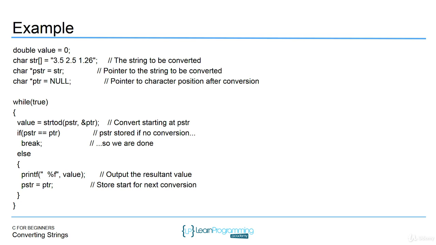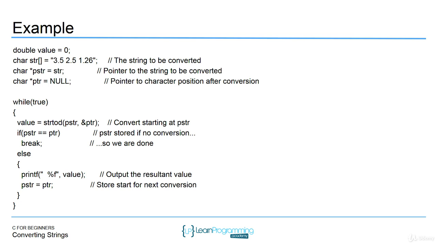Now you may say, why are you passing in the pstr as opposed to just the str? And you don't have to. But here we want to actually check if there was no conversion. So because we're checking for no conversion, we have to look at both pointers. You can't compare the ptr to the str because the str is an array. So we're going to use pstr to just represent our character array so we can compare. And if we compare those two and they're equal, it means pstr stored no conversion. And so we're done. We weren't able to actually convert that value.